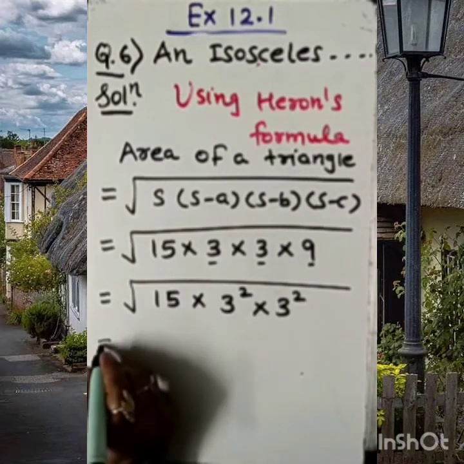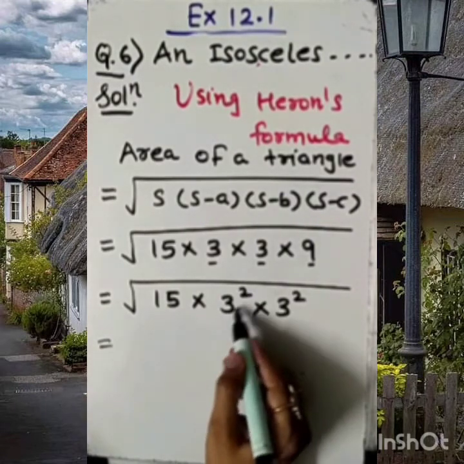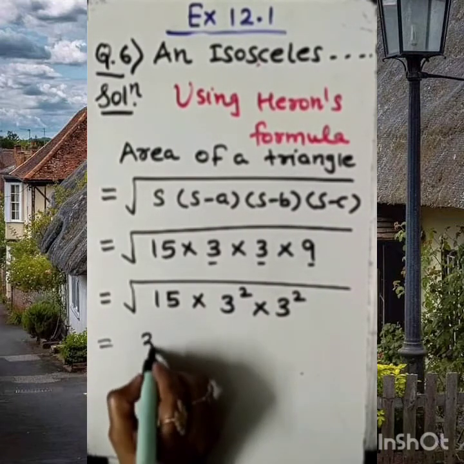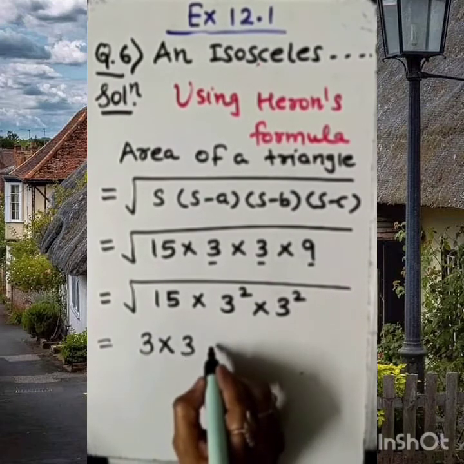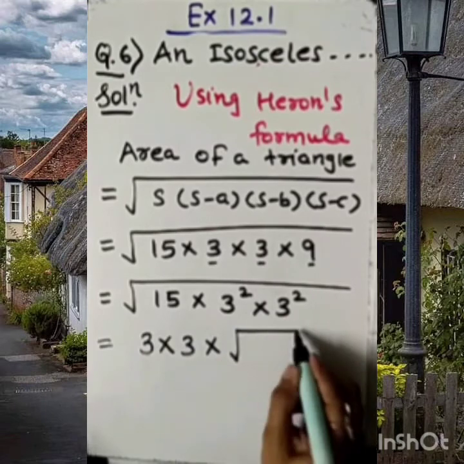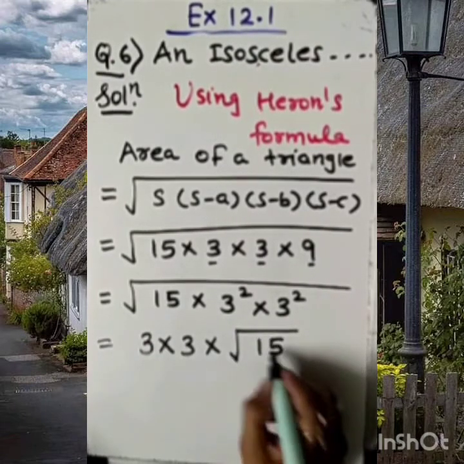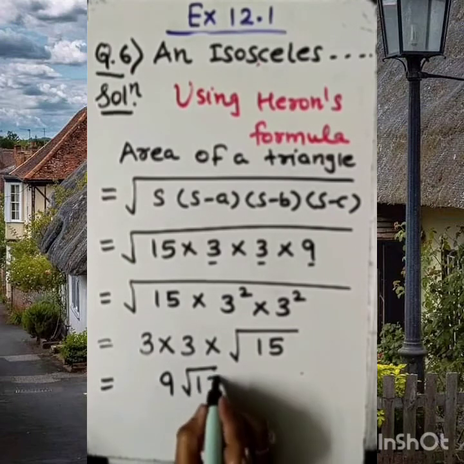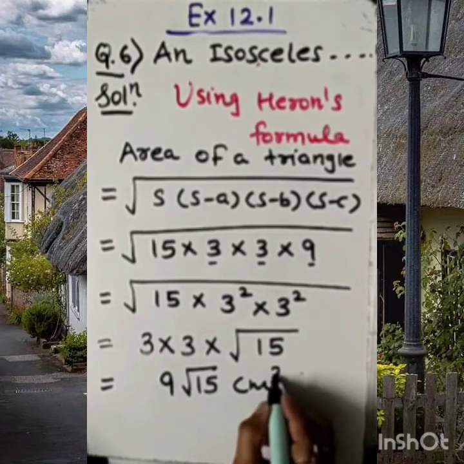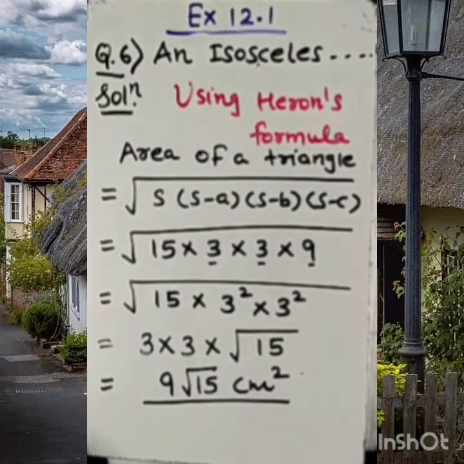Now the square root of 3 square will be 3, the square root of 9 will be 3, and under root 15 is left. And 3 into 3 is 9, under root 15 centimeter square. This is the area of the triangle.